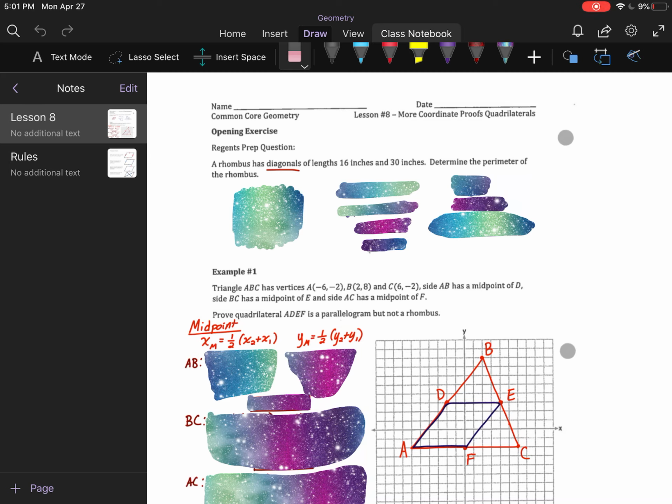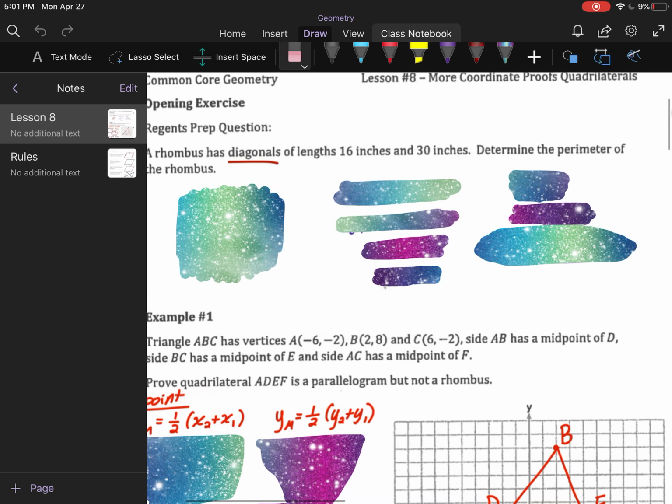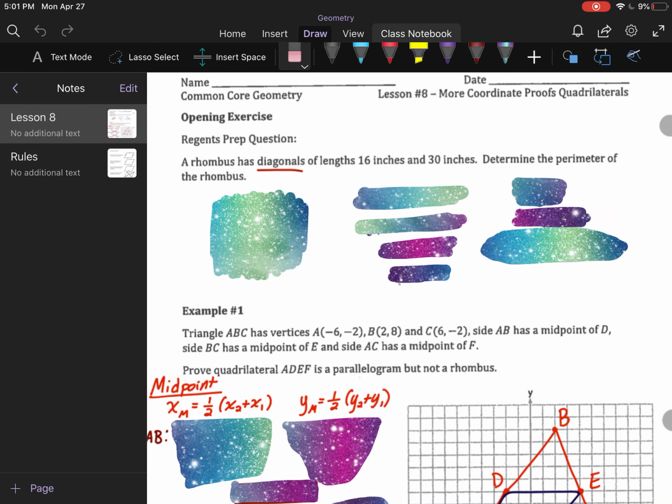So first we're going to start with this opening exercise, and it says that a rhombus has diagonals with lengths of 16 inches and 30 inches, and you have to figure out the perimeter. So that's one of those questions that we did a long time ago, and you would draw your picture, and you would have to know that in a rhombus, the diagonals are going to bisect each other at right angles. So that means you're going to get 4 right triangles inside your rhombus.